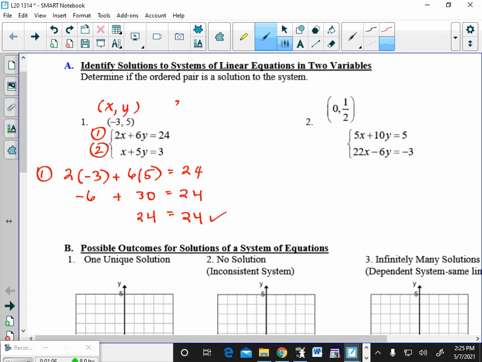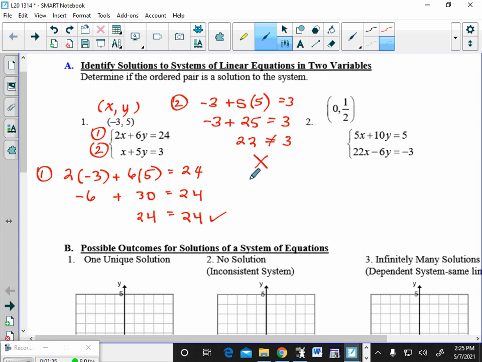Now we also have to satisfy equation 2. Here we have x, which is -3, plus 5 times our y value, which is 5, and we want to see if that's equal to 3. So we have -3 plus 25, and we want to see if that's equal to 3. So 22 is not equal to 3.